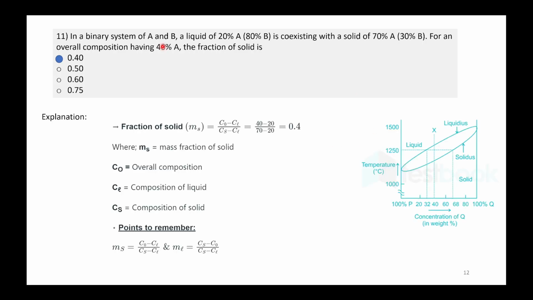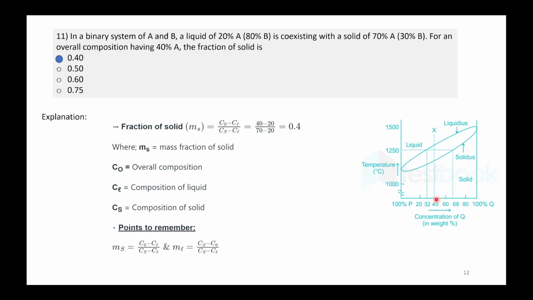By this question you can assume this type of figure. Now in this figure your composition is in between the liquidus and solidus, lying at 40% of A. We'll take all these percentages in terms of A only, because the composition is given as 40, or you can take 100 minus 40 as well.